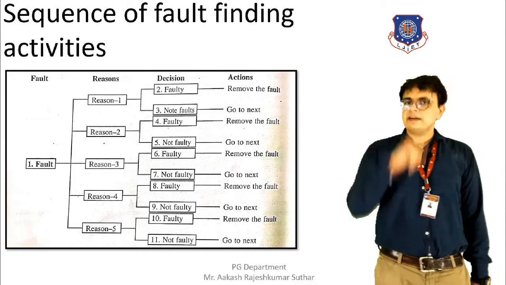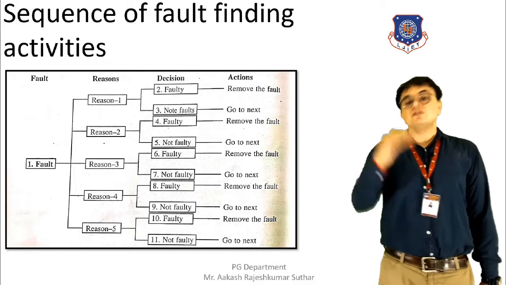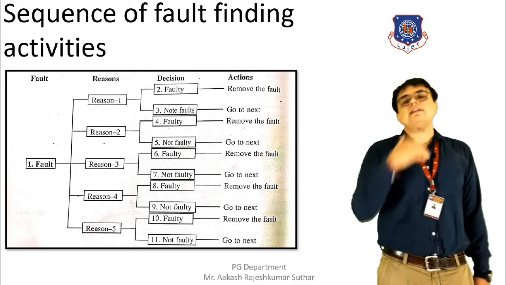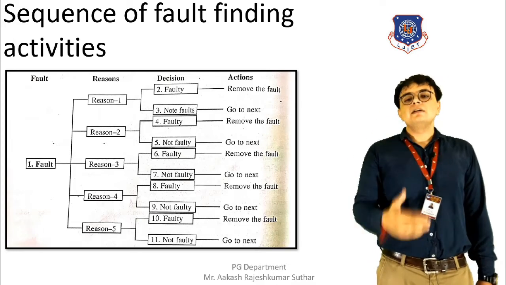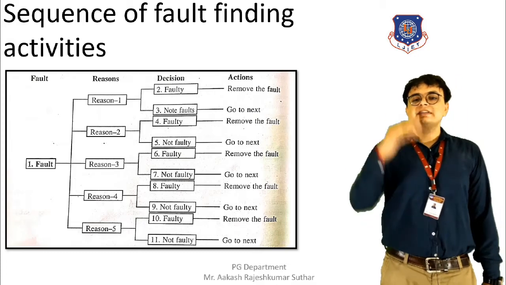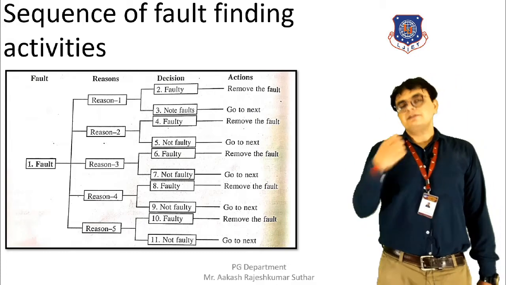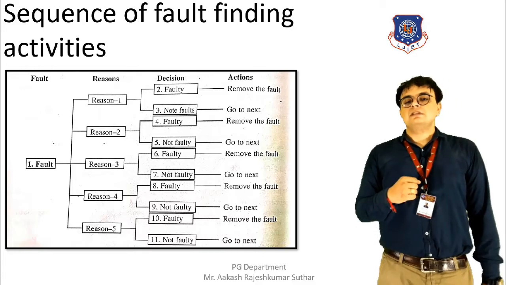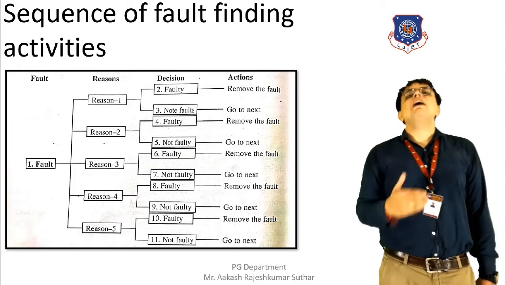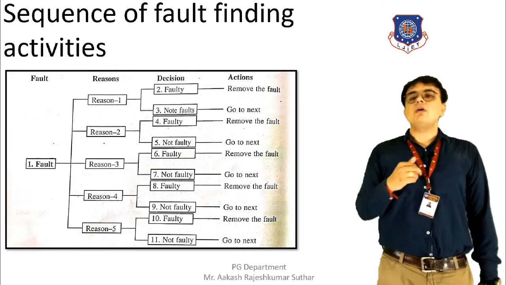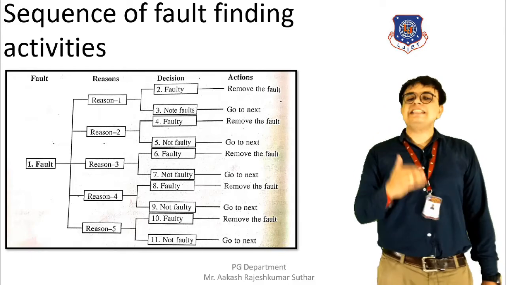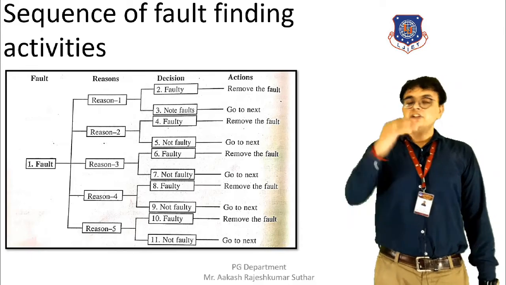In reason 1, if it is found faulty, then the action will be that we need to remove that fault. If reason 1 is not a fault, then we should go towards the next reason. In reason 2, if it is found that the fault is being caused because of reason 2, by writing faulty, then we should remove the fault.